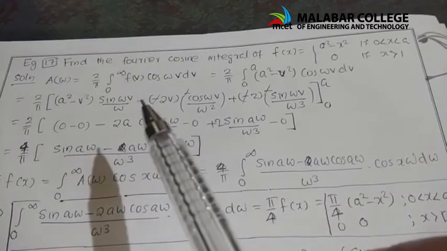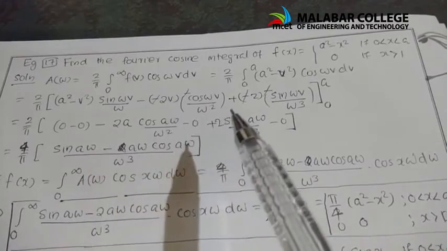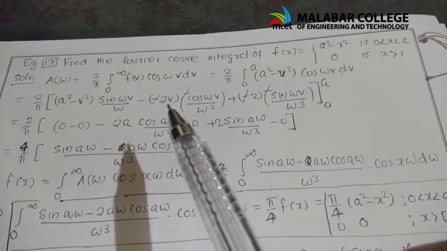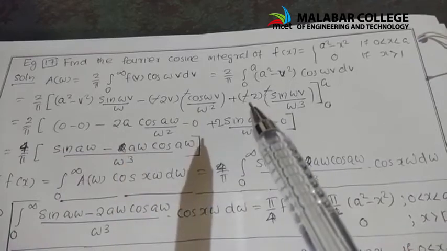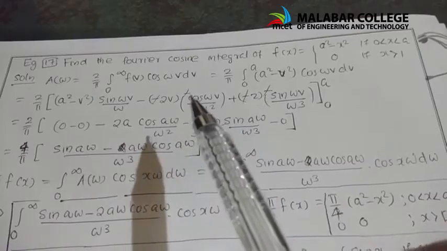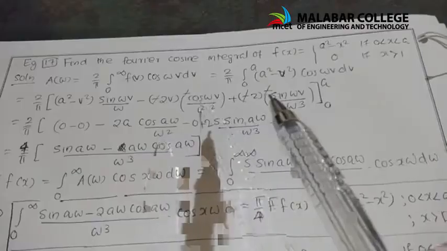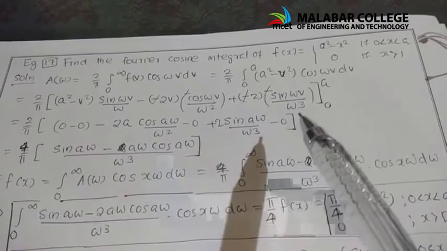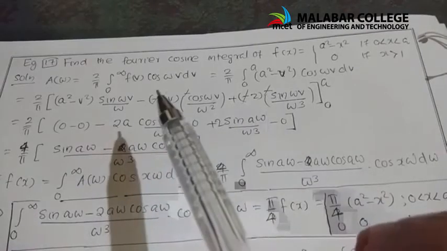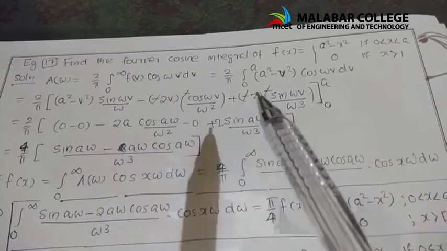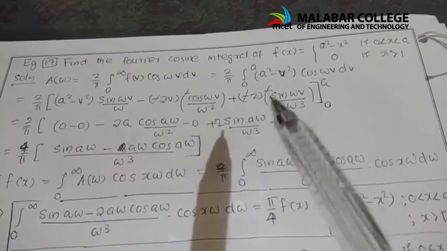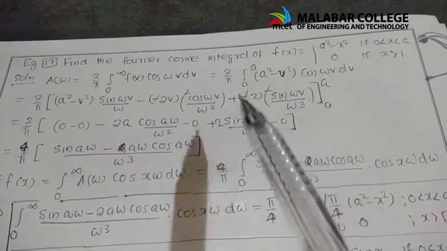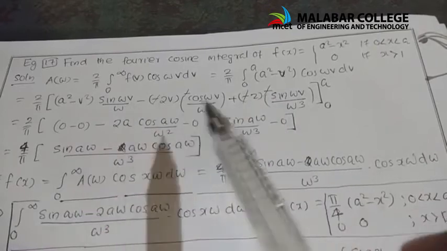Then this term is minus, and the next term is plus. Differentiating this one, −2v, it is plus −2 here. Then with this minus, the integral of cos is sin ωv by ω³. We have to make the minus of minus positive in the last step, not in between the integration.